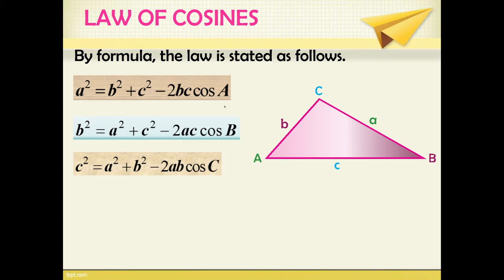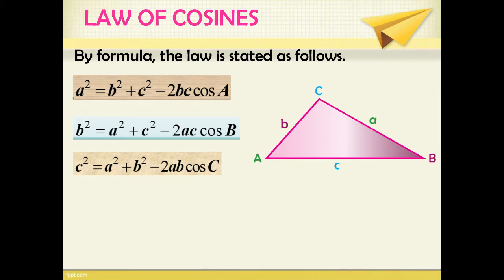Now, it's quite easy to memorize these formulas if you want. You just take note of the pattern. So if you're looking for the measure of side a, then notice that here you will have b squared and then c squared and then 2bc here, okay, and then angle A here.